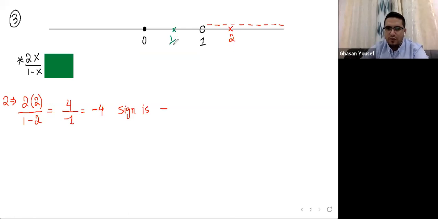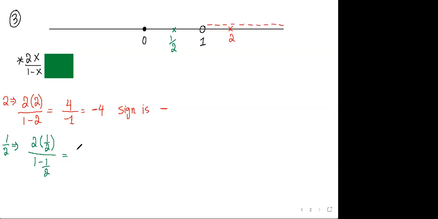So I'm going to take 1/2 and plug it inside the quotient here. 2 times 1/2 over 1 minus 1/2. 2 times 1/2 is 1, correct?